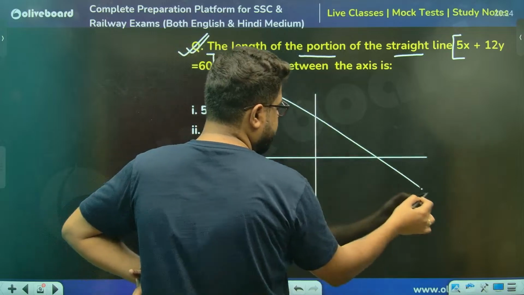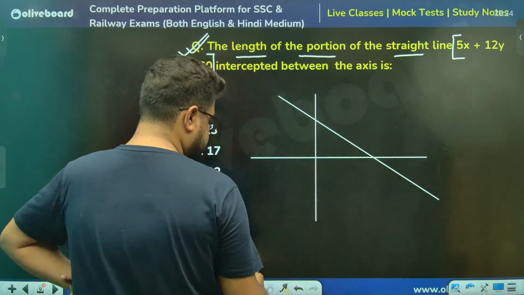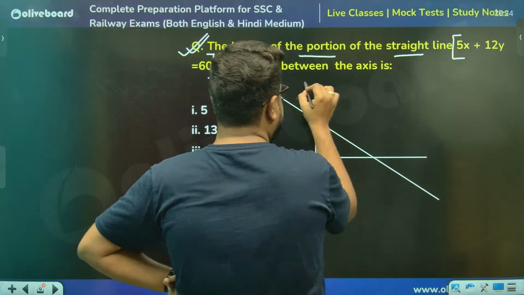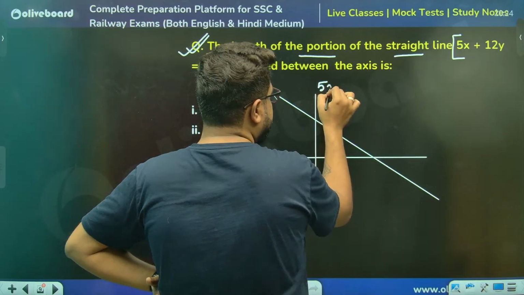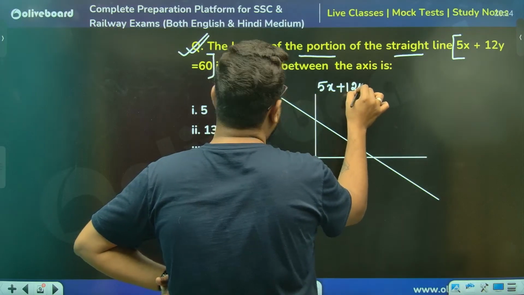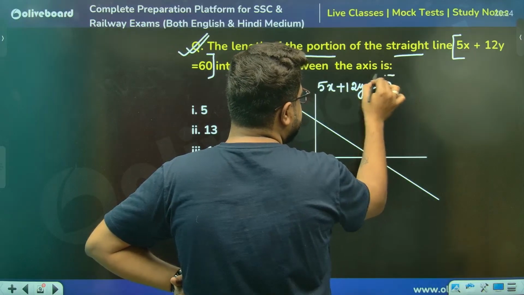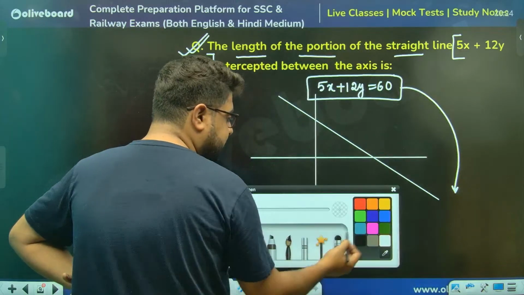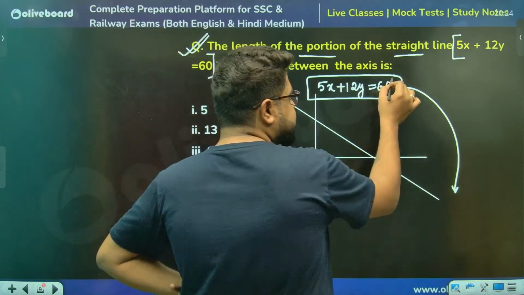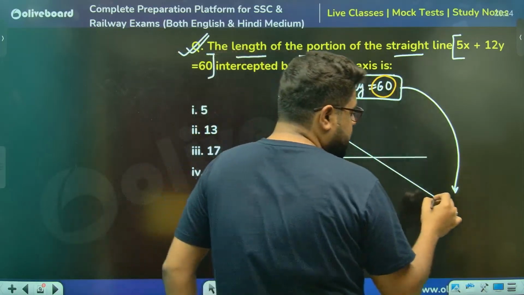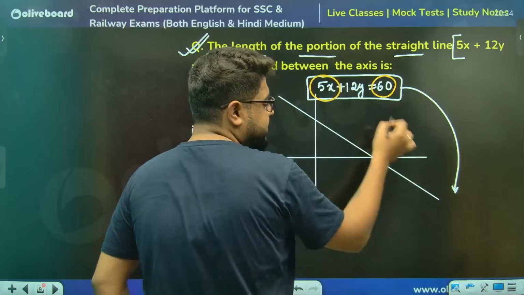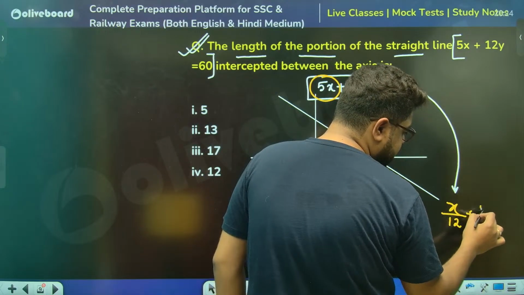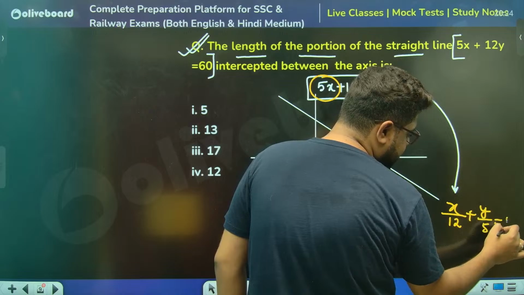They have told you 5x + 12y = 60. Now I'll convert that into our intercept form, so I should divide by 60. So 5x by 60, meaning I'll get x/12 + y/5 = 1.